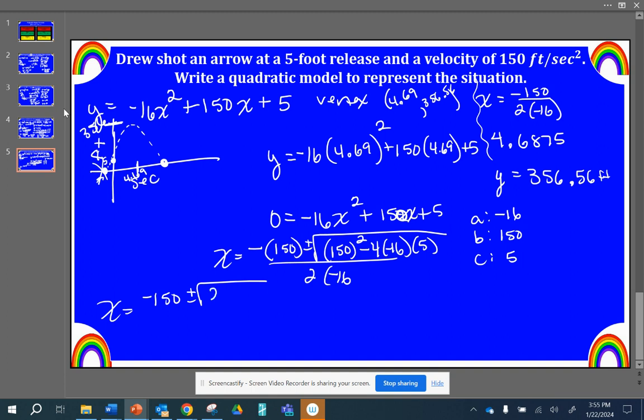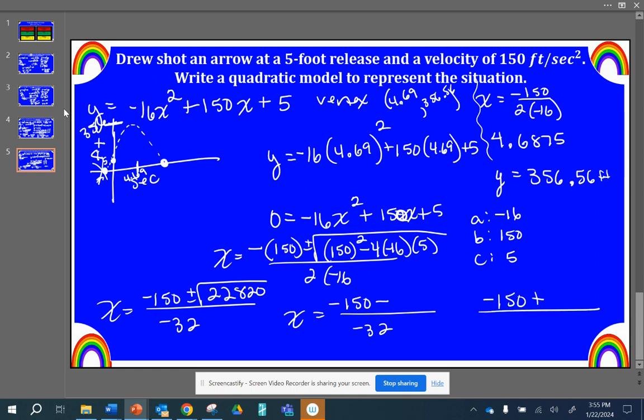And we get 22,820 over negative 32. So we have x equals negative 150 minus that value. I'll take the square root in just a second. And then we have negative 150 plus that value.